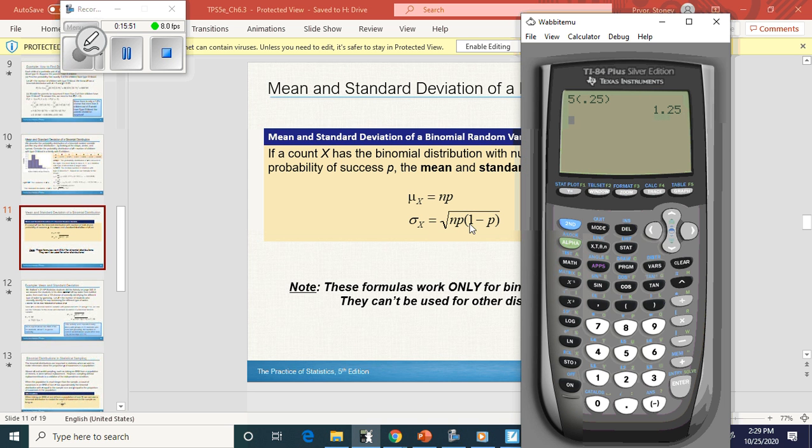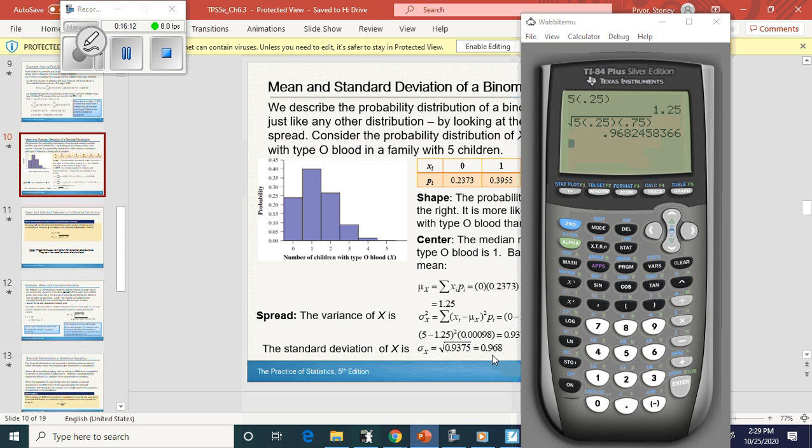Now to find the standard deviation, it's going to be the square root of n times p times q, or n times p times 1 minus p. There's the standard deviation. Go back and look at the slide one back. Right there, there it is, the standard deviation, the mean 1.25.